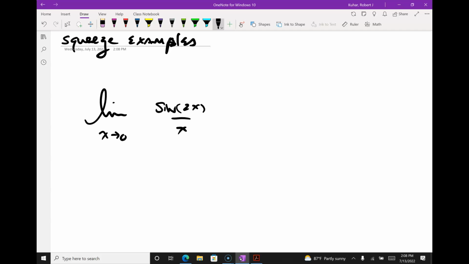By the way, do that limit numerically on your own. The original one, what was it? The limit as x goes to 0 of sine of x over x is 1. Do that limit numerically on your own. Verify for yourself that you'll agree with that.